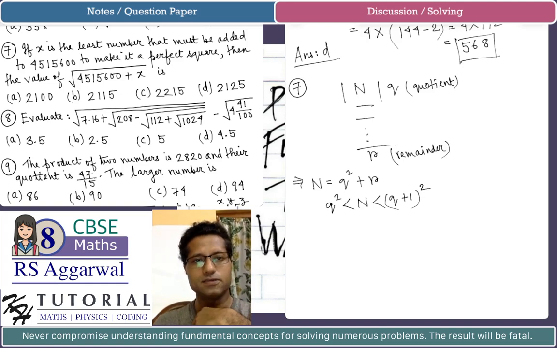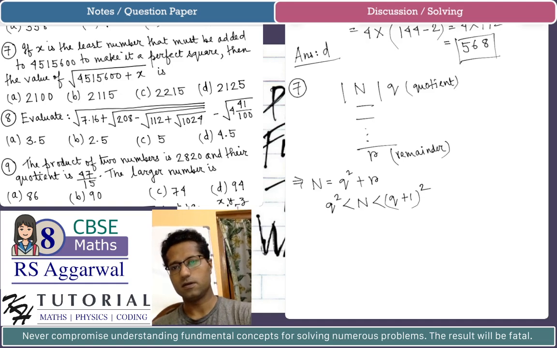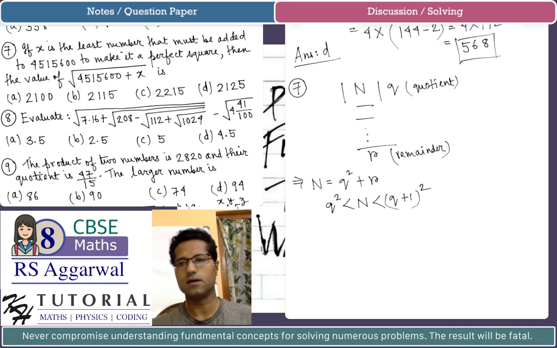It is given that x is the least number that must be added to 4515600 to make it a perfect square. In general, when we are asked to find the least number to be added to a number n so that it becomes a perfect square, we do a long division to find the square root. Let the final quotient be q, and we will get a remainder r. From there we can say that the given number n is obviously greater than q square.